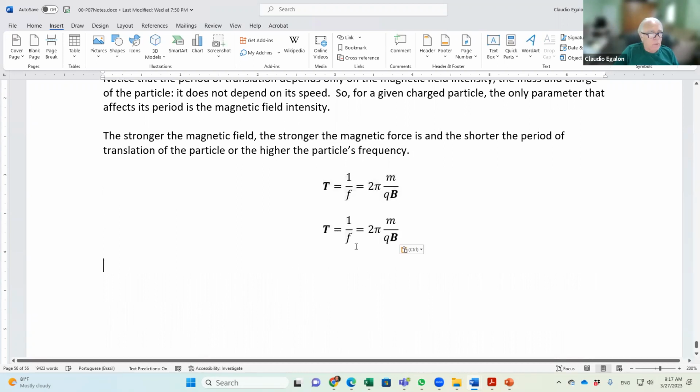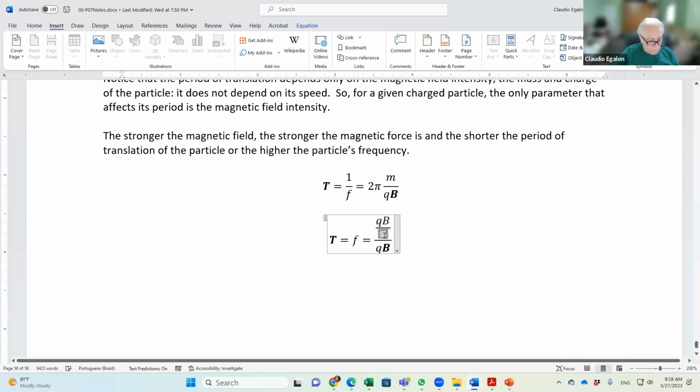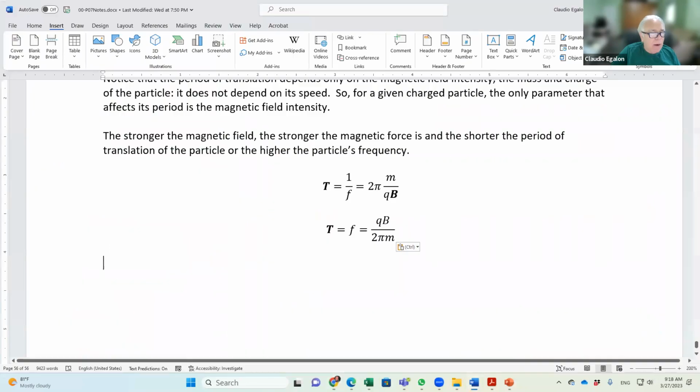If you want to increase the frequency of a charged particle in a magnetic field, all you have to do is increase the intensity of the magnetic field. That's what we have for this part.